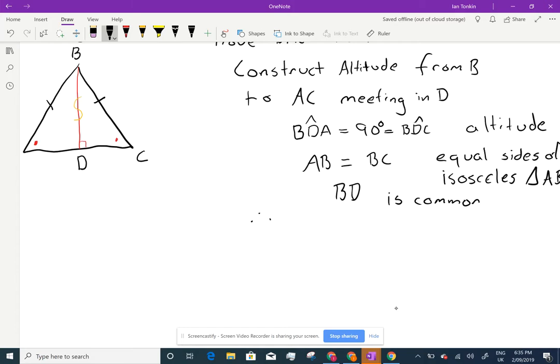Therefore, triangle ABD is congruent to triangle BDC.